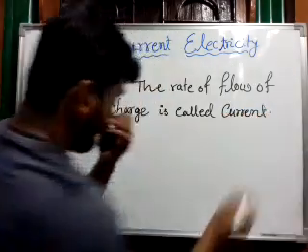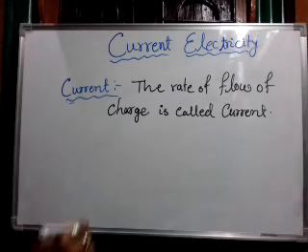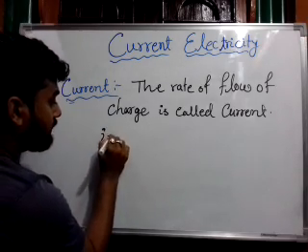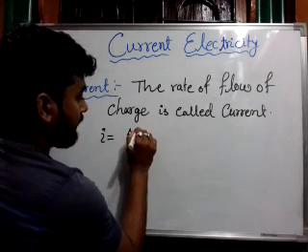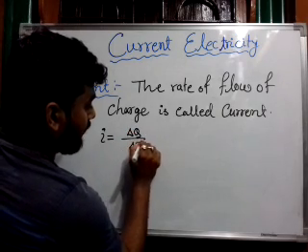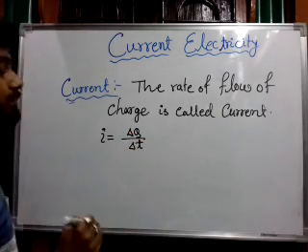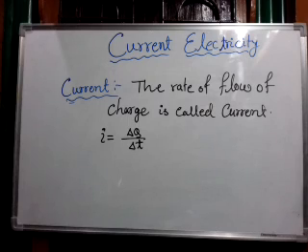It is very simple. Okay, that is I is equal to del Q by del T. Clear everyone? I is equal to del Q by del T.